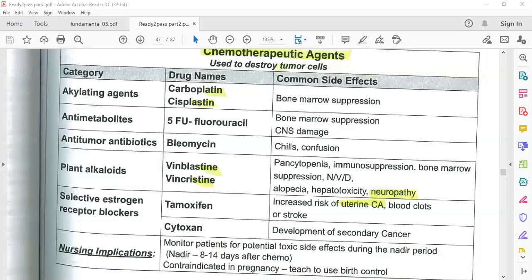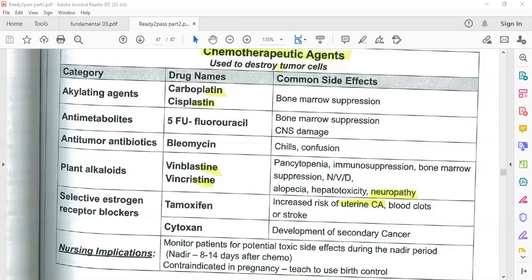Hirsutism means excess hair growth on the body. So nausea is most common. Hemorrhagic cystitis, right, means urinary bladder bleeding. Also, we should monitor white blood cell count because as immunosuppressants, they can reduce the white blood cells, and infection is most common, and the patient comes to you with fever, right?